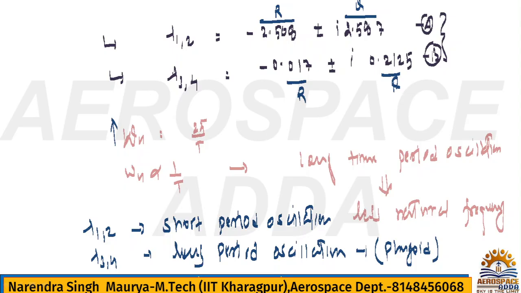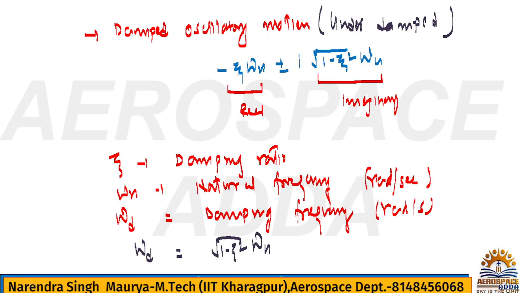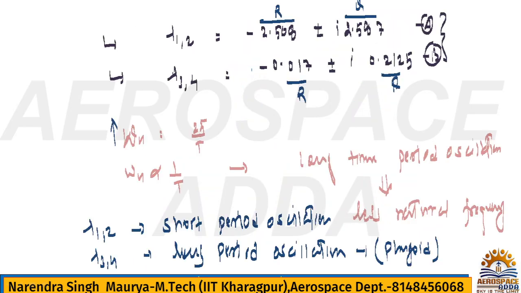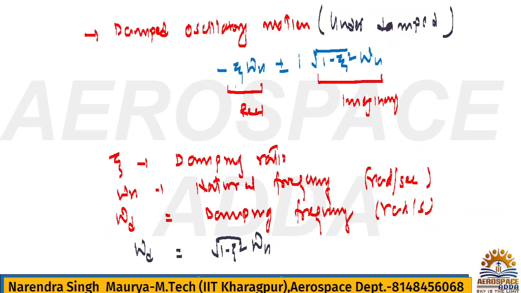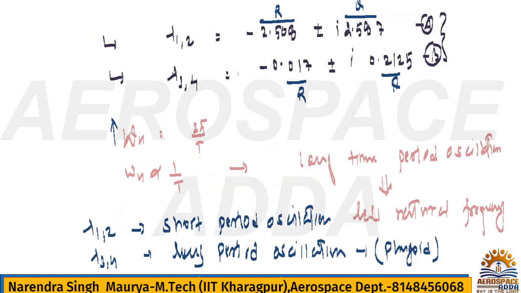Because in the real part, if you see, we have damping ratio also. So if it is very high, it means damping ratio is high, and high damping ratio means it will have a short time period oscillation. Otherwise, with natural frequency you can understand. So damping ratio is high in this first equation, which means it is the short time period oscillation. In the second roots, damping ratio is very less.